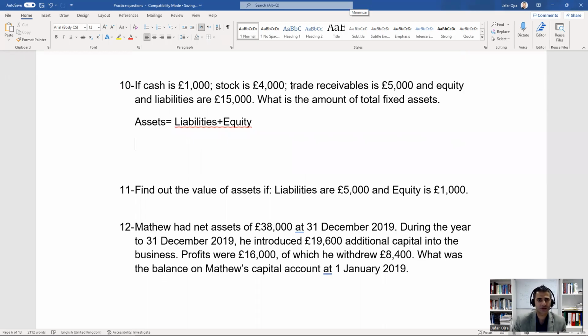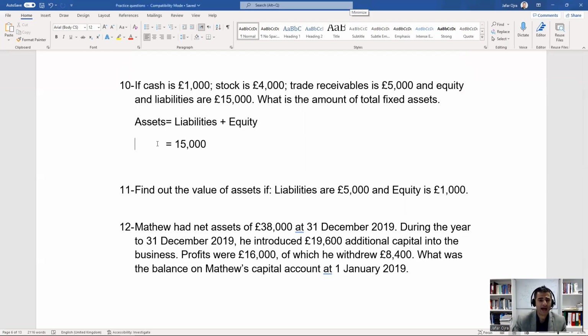And liabilities plus equity equal 15,000 pounds. So the assets must equal 15,000 pounds. There is no choice.